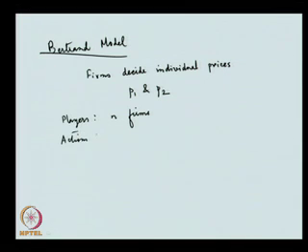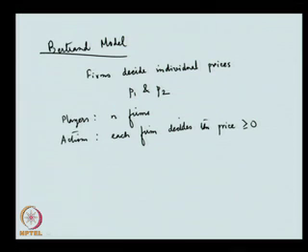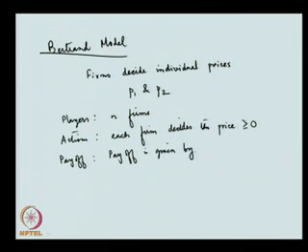Actions: each firm decides the price, which is a non-negative number, and payoff: the payoff of each firm is given by the profit of the firm.